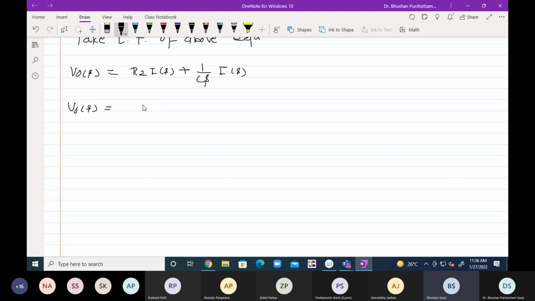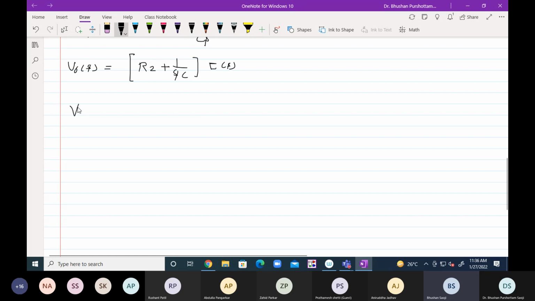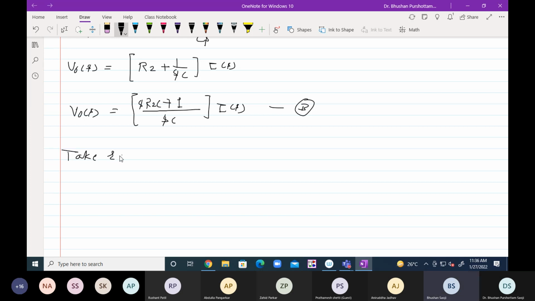So V0 of S equals R2 plus 1 by S into C multiplied by I of S. So we can write V0 of S equals, we will take SC common, so this becomes S R2 into C plus 1, multiplied by I of S. So this is our equation B. Now take the ratio of equation B to equation A.